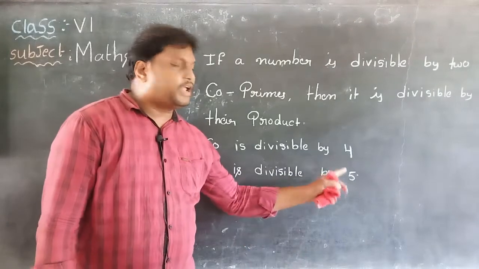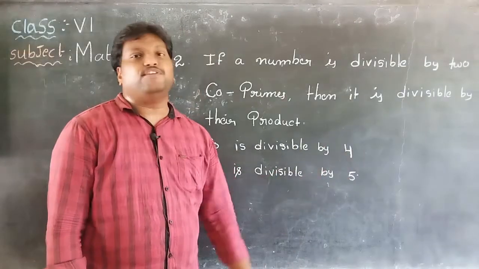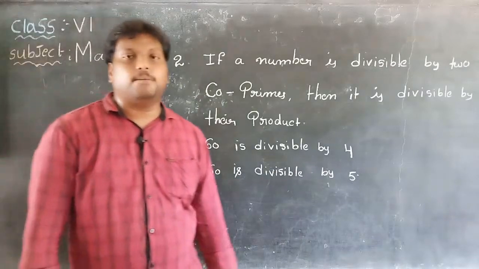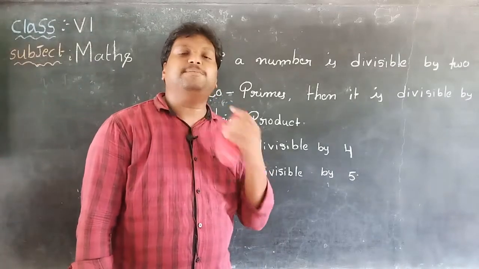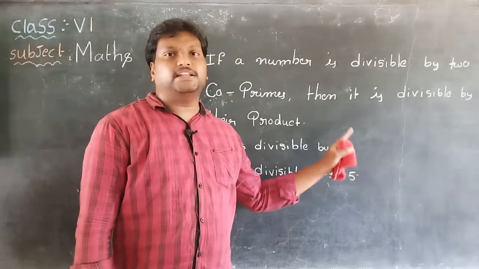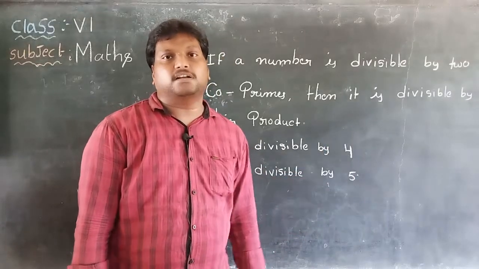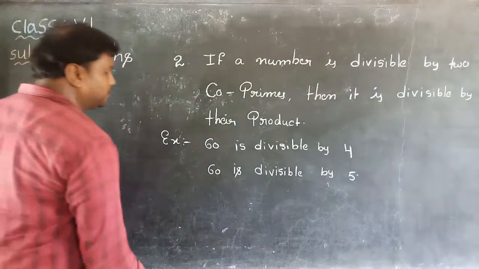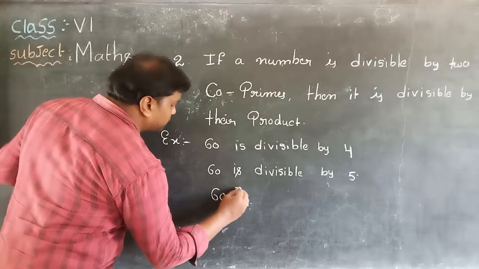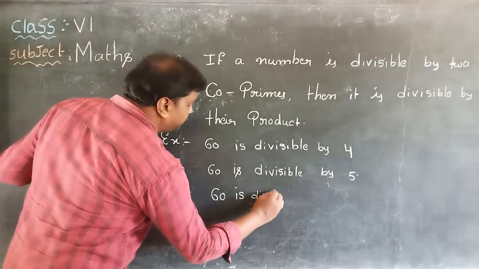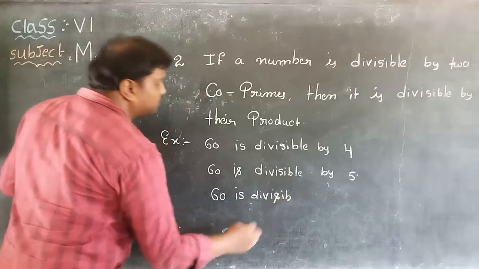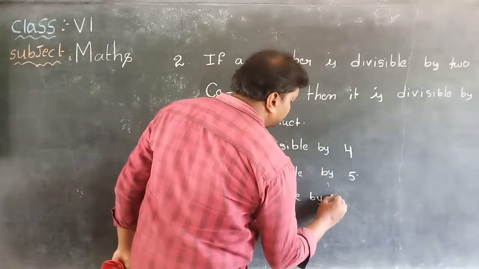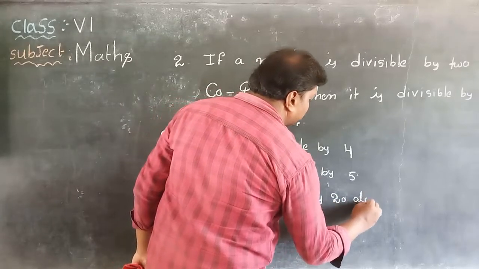Co-primes means 4 and 5 have only one common factor, the number 1. Except one, there is no common factor in 4 and 5. Then the two numbers are called co-primes. Their product is 20, and 60 is divisible by 20 also.